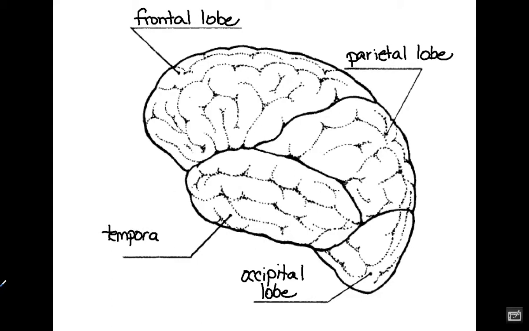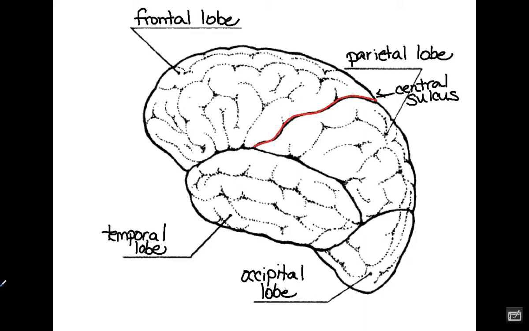Now these lobes are actually separated from each other by some key features. So the first feature we're going to look at separates the parietal lobe from the frontal lobe, and is this dark line right there. This is referred to as the central sulcus.